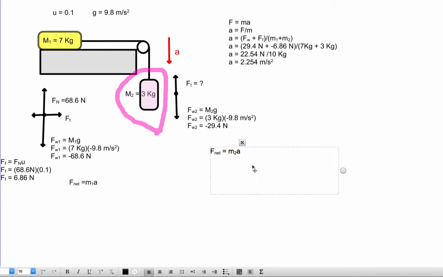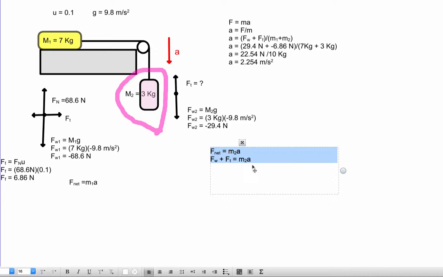Following along in the blue box, net force equals the mass times acceleration. The net force is made up of the weight and the tension, the weight being down, the tension being up, times the second mass of 3 kilograms, times the acceleration, which is down.